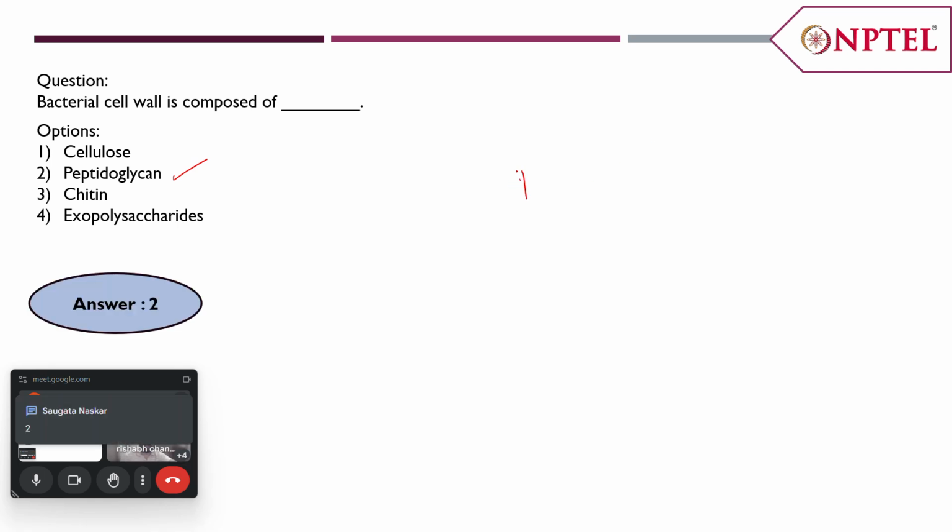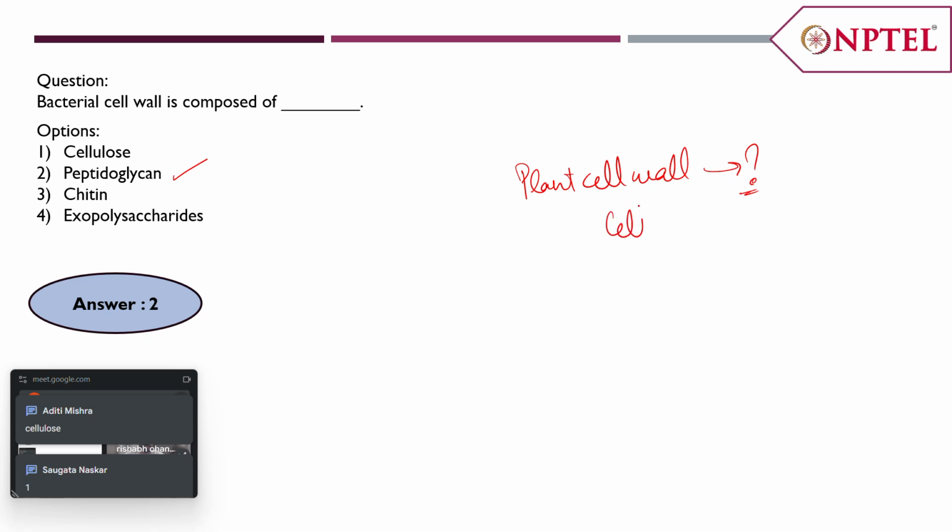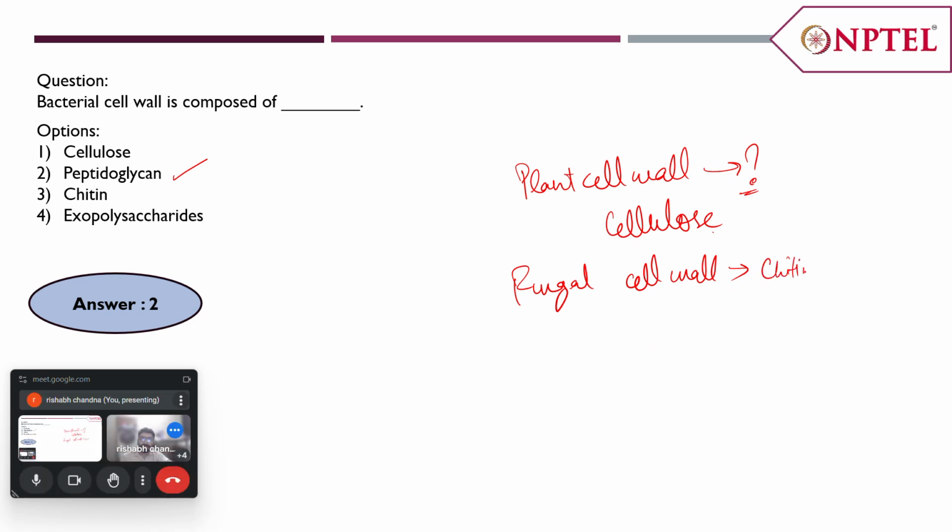What is the plant cell wall made of? Yes, it's cellulose. And fungal cell wall? Yes. Okay, let's move on to the next question.